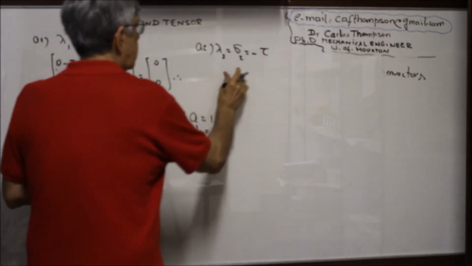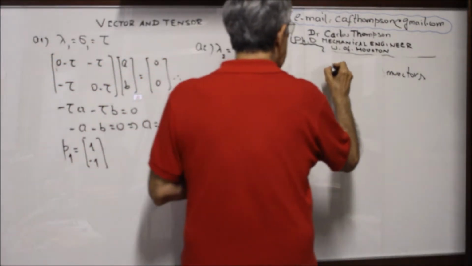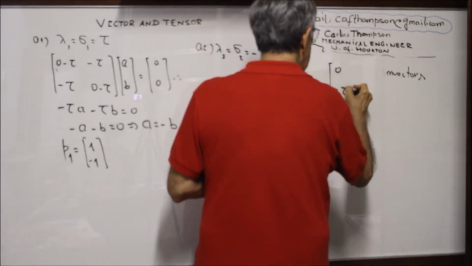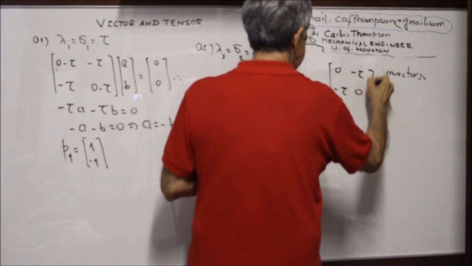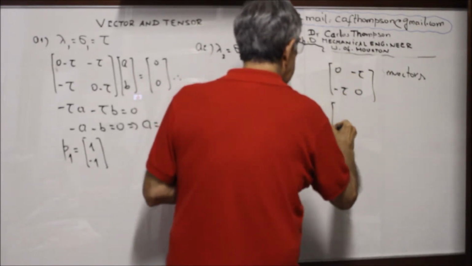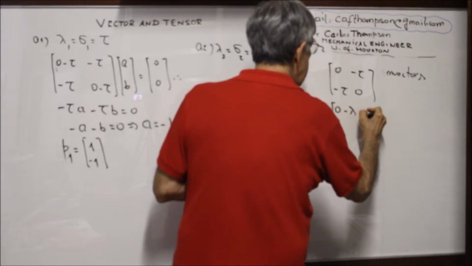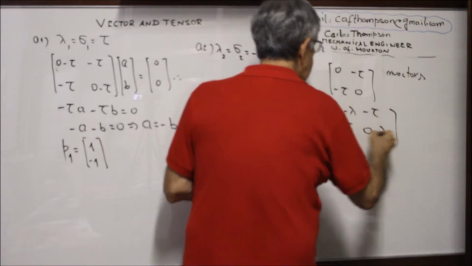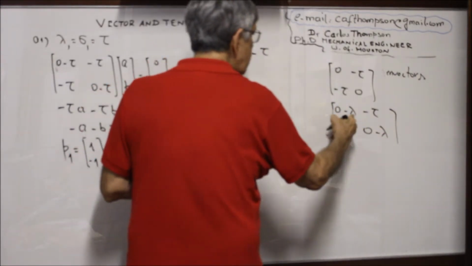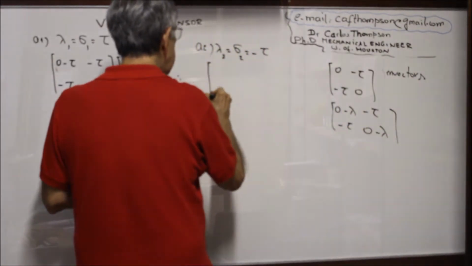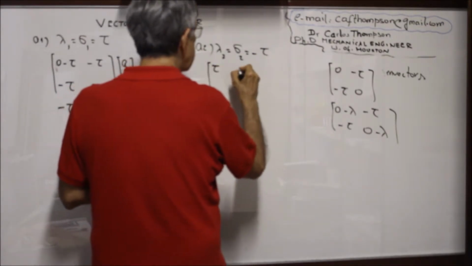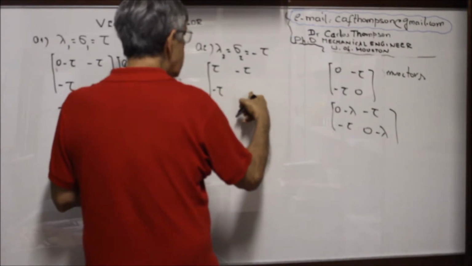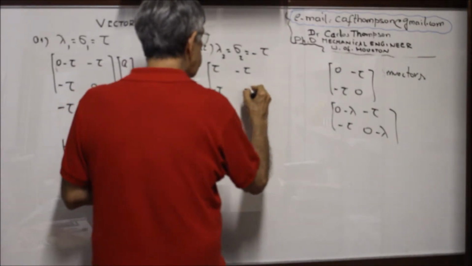Remember that sigma ij here is 0, 0, minus tau, and minus tau. This is 0 minus lambda, and 0 minus lambda. So lambda is negative, so 0 minus lambda will be plus tau.